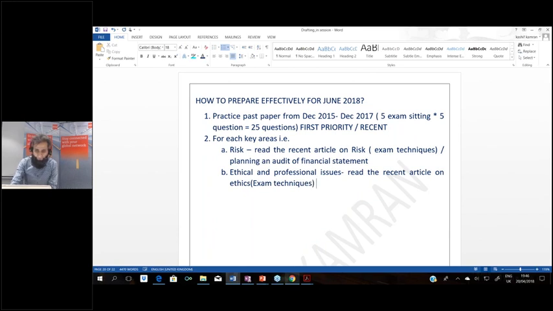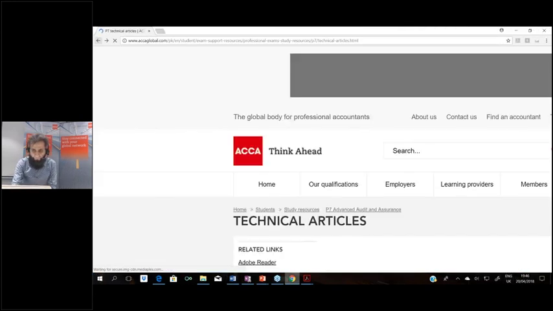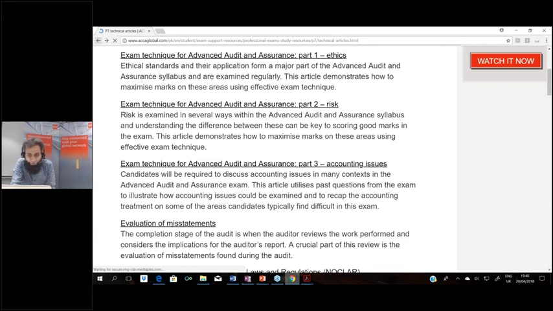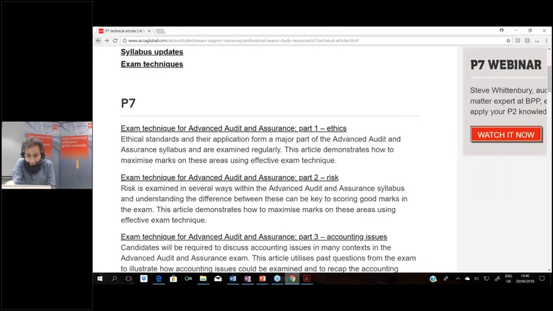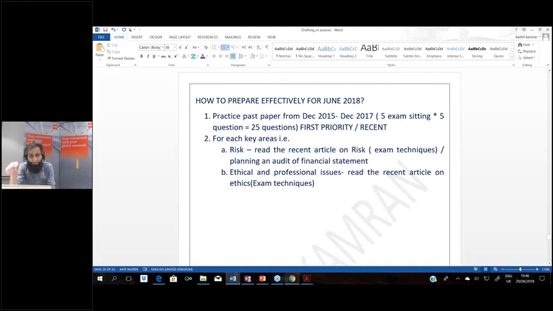You can see this on the website, the very first article, exam techniques for advanced audit and assurance, part 1, ethics. Also read an article with the title quality control, a perpetual current issue. So read these 2 articles for ethical and professional issues, right?